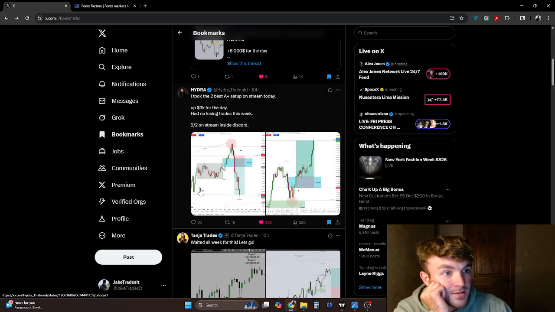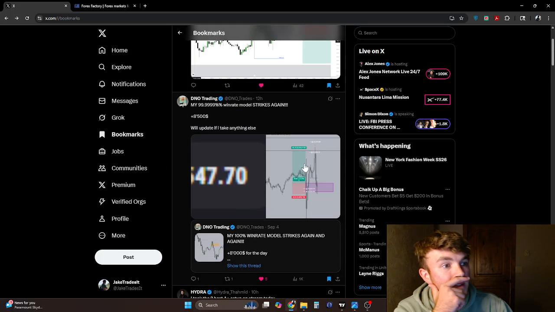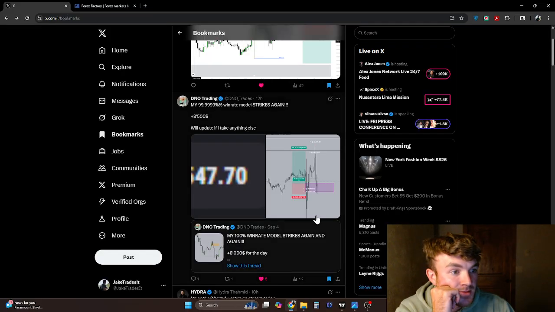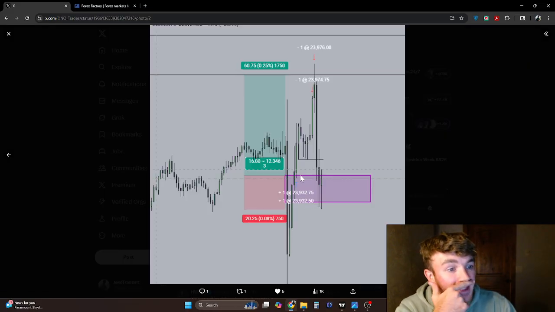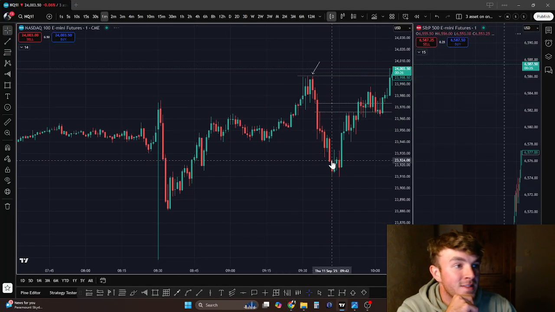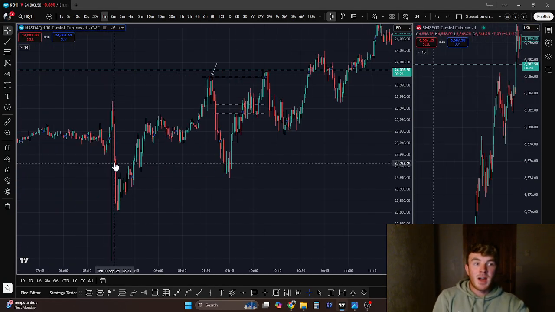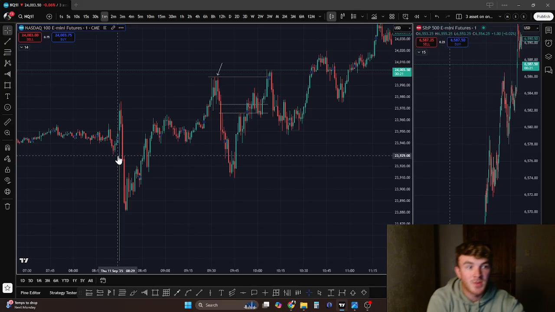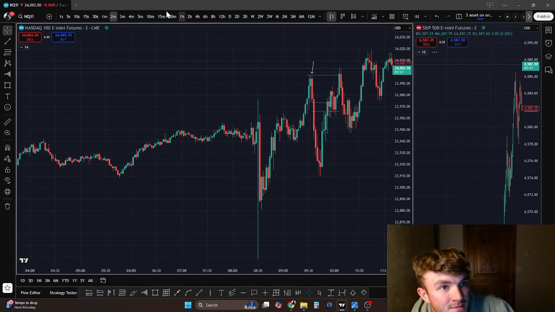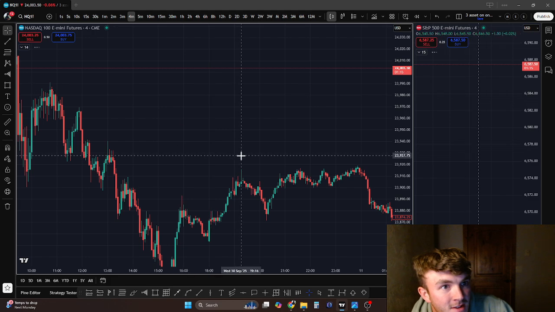Hydra took that one. These two trades are both super beautiful. Dino took this one. This was, I think, like a 2 or 3 minute inversion. This is not necessarily a trade that I would take according to my backtesting, but you know what? We'll show it anyways. We had probably a 3-minute inversion here.